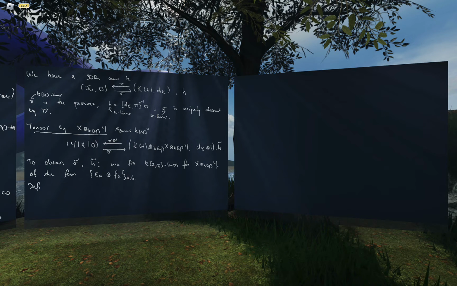And define sigma tilde on the basis like so. So here R lives in the Jacobi ring, and that's going to be just the effect of applying sigma to R.